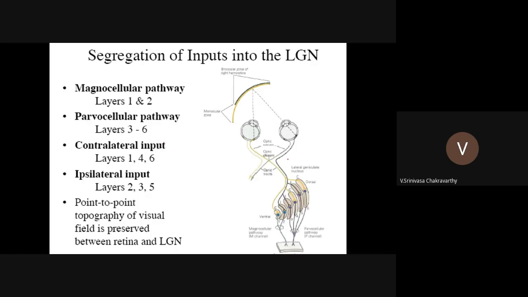Another thing is the 6 layers receive information from both eyes in very specific ways, because we have seen that all the left visual field information goes to the right side, and that has already happened. By the time you get to the LGN, you've already gone beyond the optic chiasm. The rerouting of fibers has taken place, and the segregation of left visual field and right visual field information has already taken place.